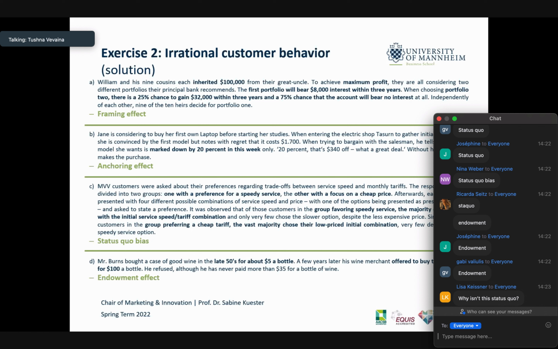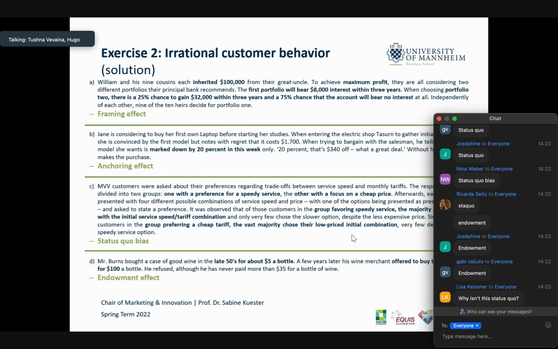So what they're trying to say is, if you see, afterwards, each group was presented with 4 different possible service and speed combinations, and people just stuck to, for example, people who wanted speedier service chose to go with a higher tariff, and only few people chose the slower option.